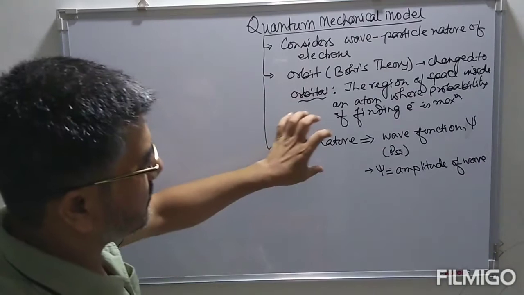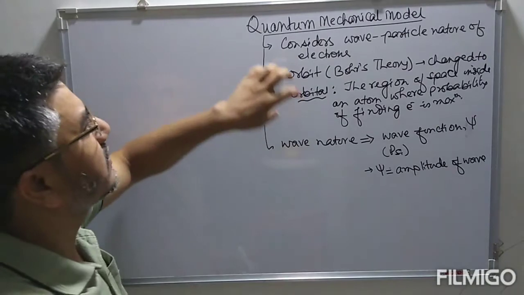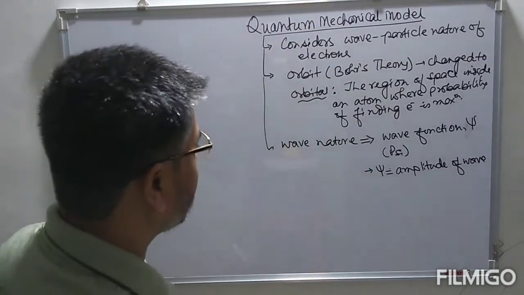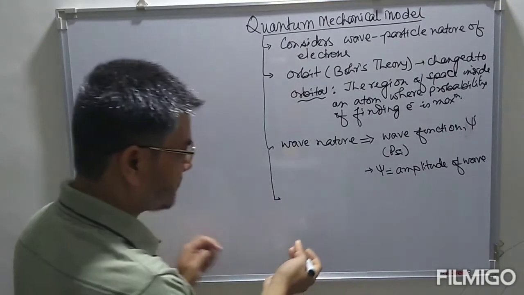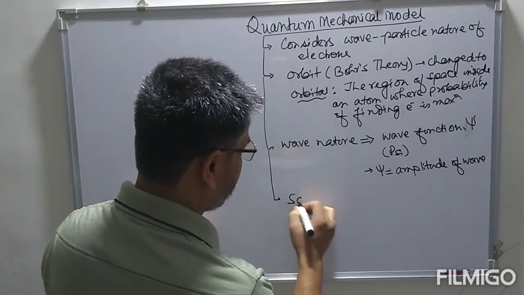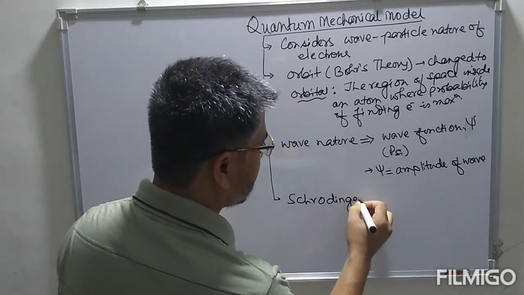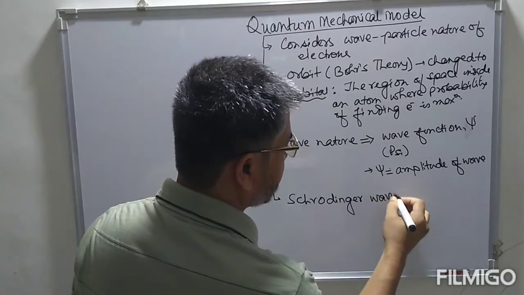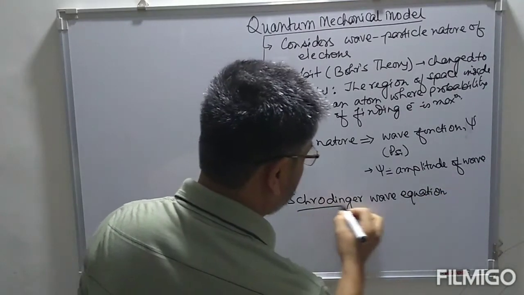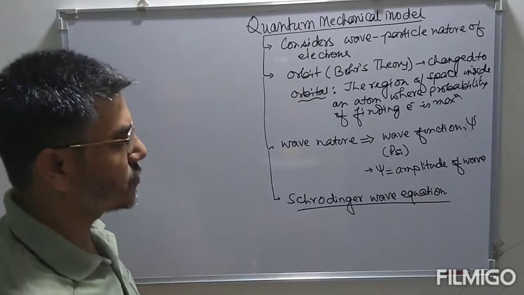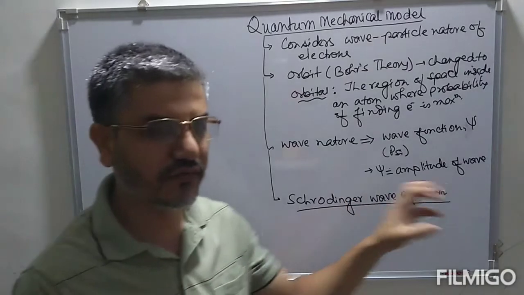Now this wave function psi, which represents the electron in the quantum mechanical model, is given by an equation known as the Schrodinger wave equation. This was the scientist who proposed a wave equation similar to that of a standing wave.